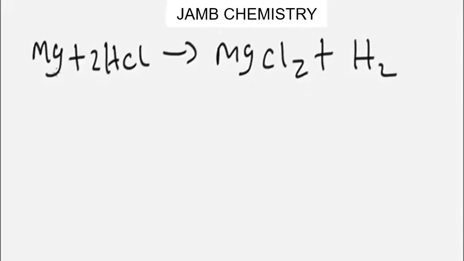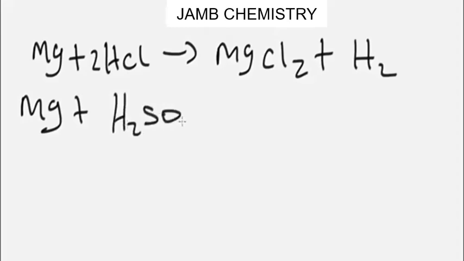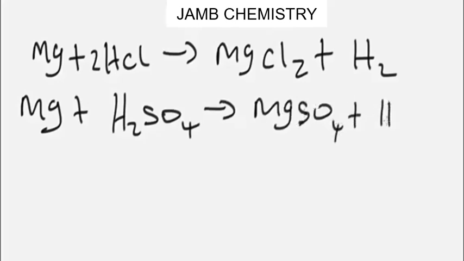Now when magnesium reacts with sulfuric acid in a cold dilute solution, we are going to have the output to be magnesium sulfate plus hydrogen gas. So you check if this chemical equation is balanced.